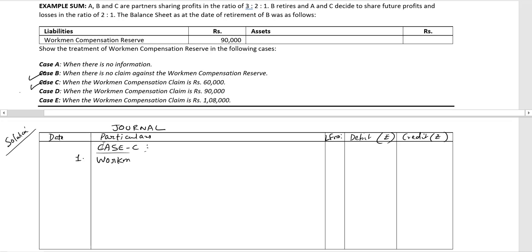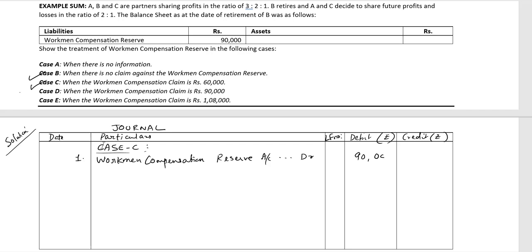Workmen compensation reserve account debit 90,000 rupees to workmen compensation claim account.